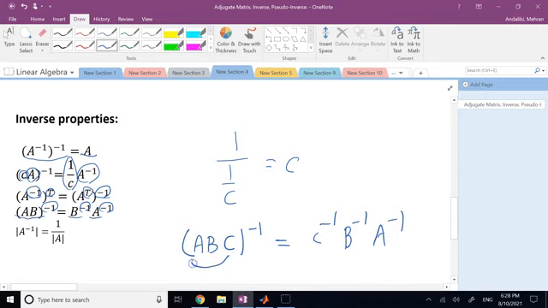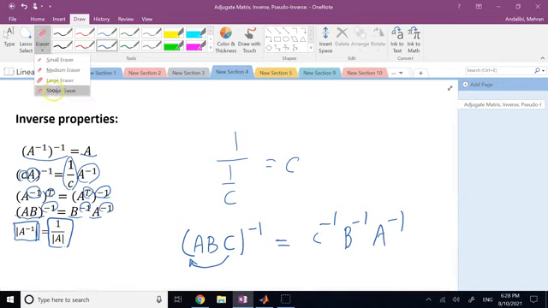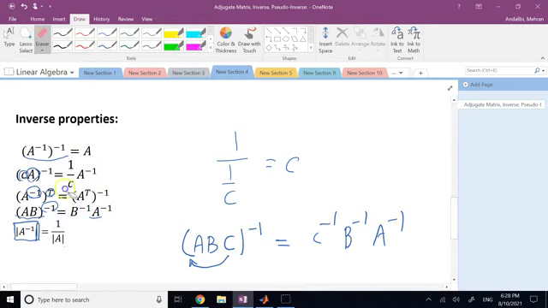So you go backwards from right to left, invert and multiply. Okay, and finally, the determinant of inverse of a matrix is 1 over determinant of the actual matrix. So determinant of A inverse is 1 over determinant of A. Okay, these are some very, very important and useful properties of inverse.